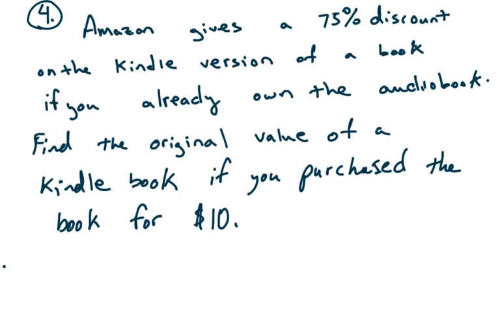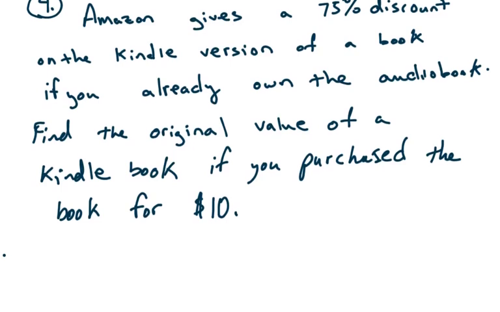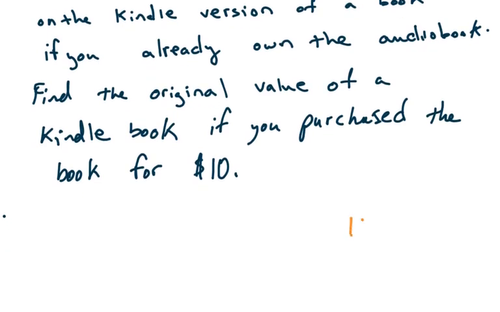Amazon gives a 75% discount on the Kindle version of a book if you already own the audiobook. Find the original value of a Kindle book if you purchase the book for $10. Okay, this question I think I wrote is a little confusing. But we're going to assume that the book was discounted. So if you bought it for $10, we're going to assume that it's been discounted 75%, right? So this is exactly like what we just did.